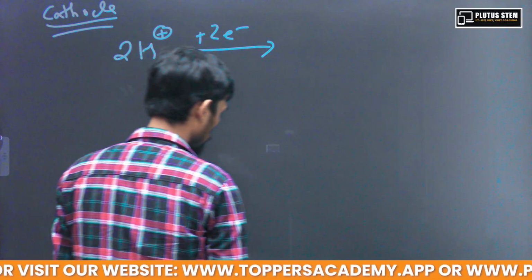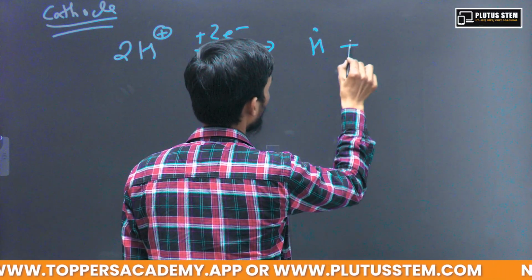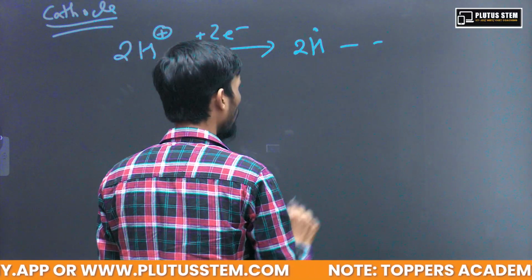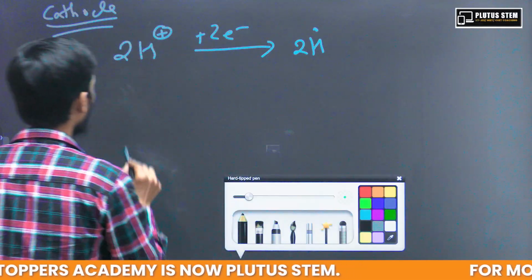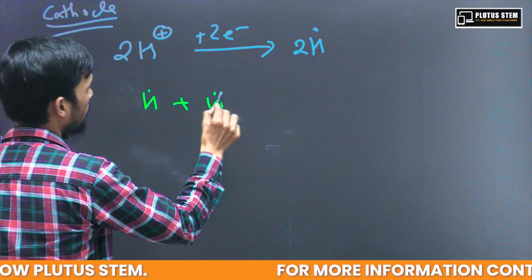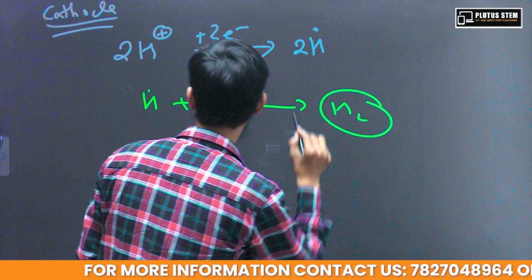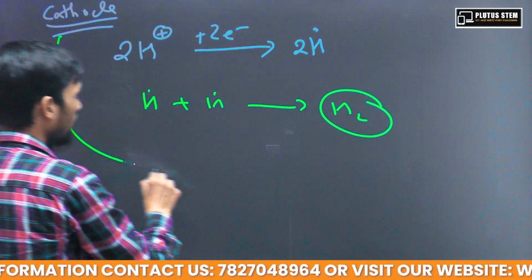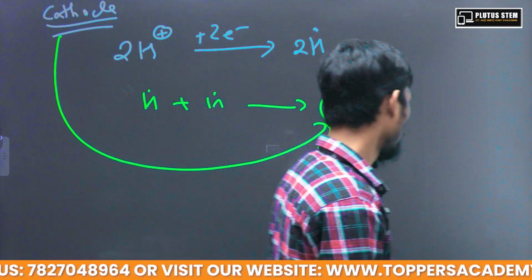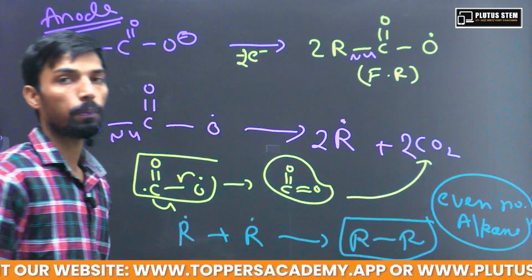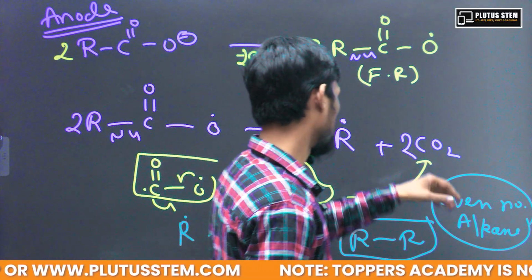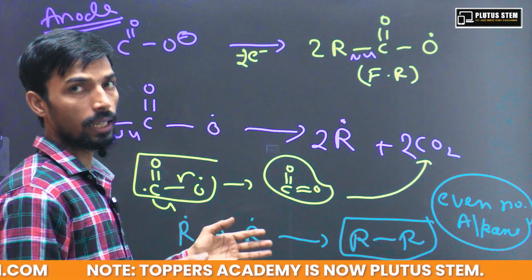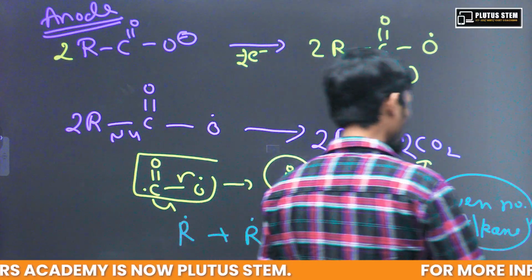So 2H positive, we are going to get H free radical plus H free radical, and these H free radicals combine with each other, and we are going to get hydrogen gas. So we can very clearly see that at the cathode we are having the hydrogen, and at the anode we were having the liberation of carbon dioxide, and that Na and OH are present in the solution. So this was a very simple reaction, and the whole mechanism has been discussed.